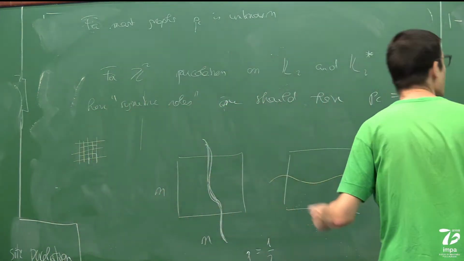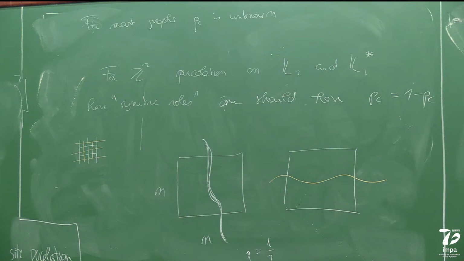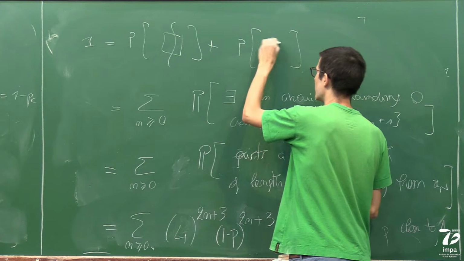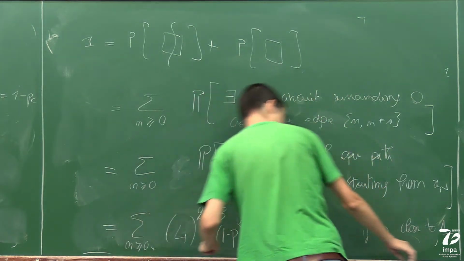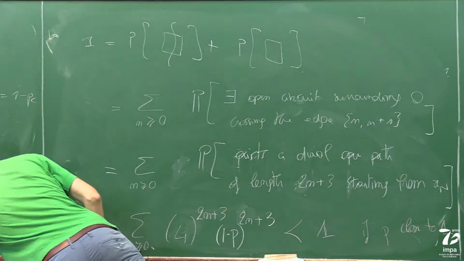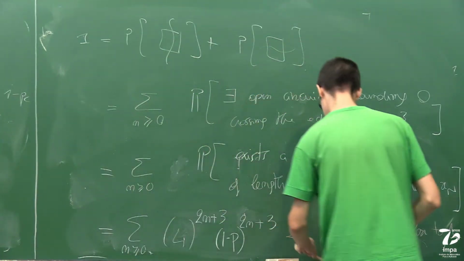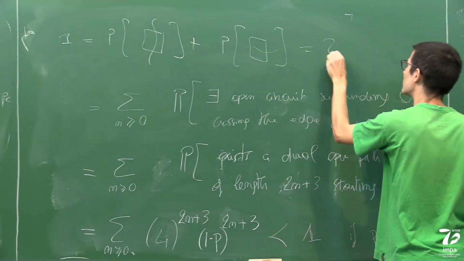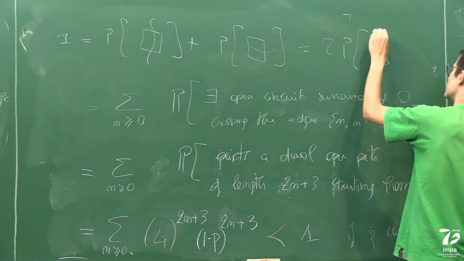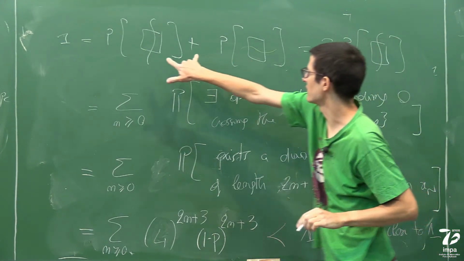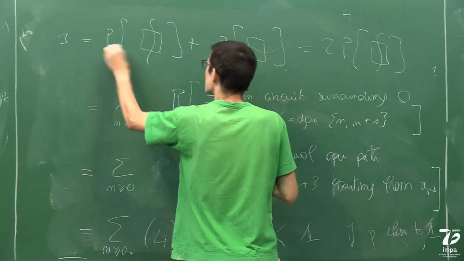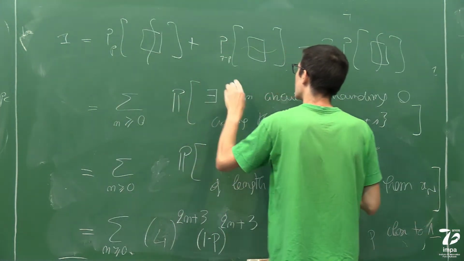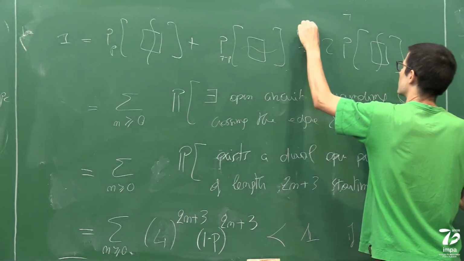Because you have 1 is equal to P of this plus P of this, and it's equal to 2P of this. Here I'm using the fact that the events are disjoint, and here I'm using p equal to 1/2.